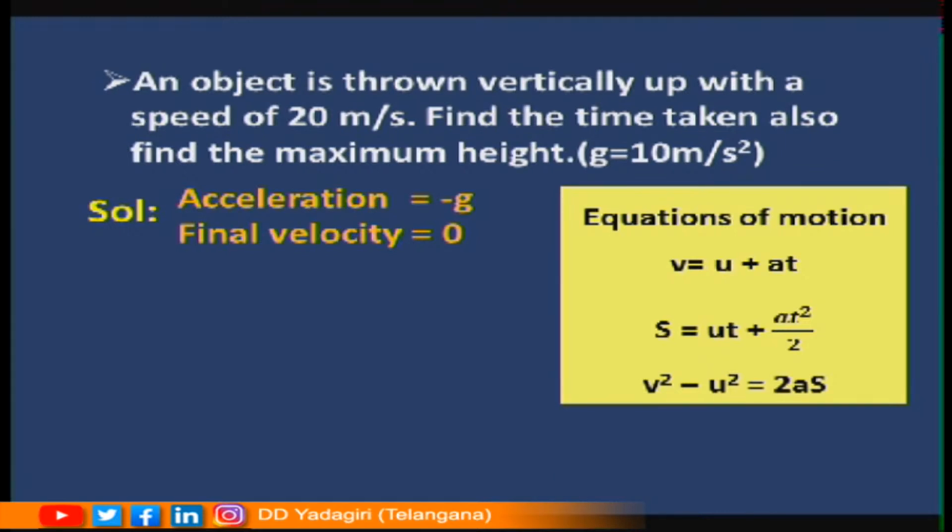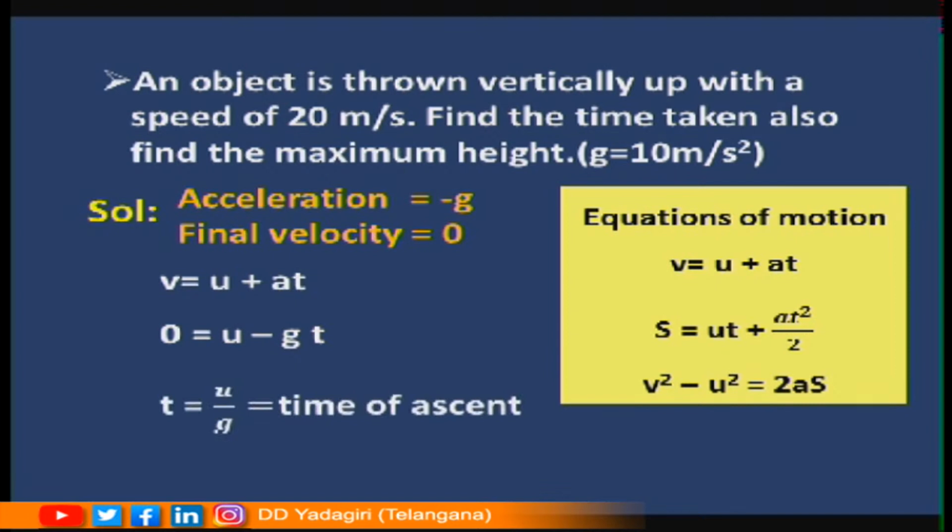Here the acceleration is minus g and the final velocity is 0. So, using the equations of motion, v equal to u plus a t, the final velocity is 0, hence we can substitute that 0 equal to u minus g t.